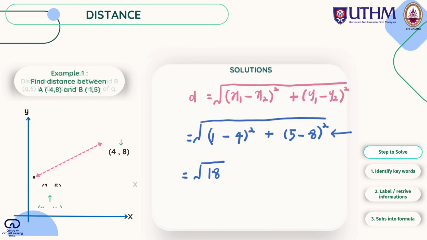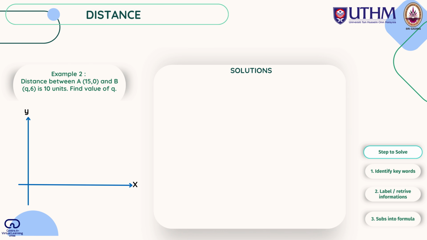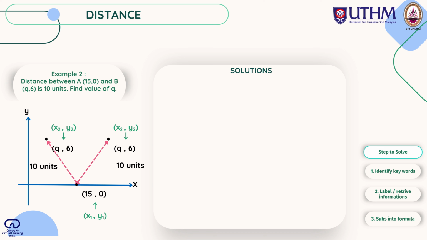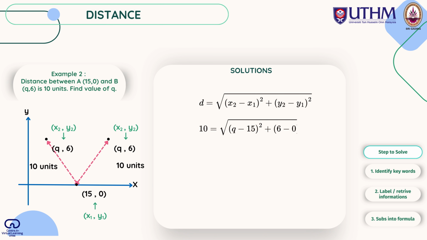Now, let's look at example 2, an indirect question. The distance between point A (15, 0) and point B (Q, 6) is 10 units. Find the value of Q. We are not calculating the distance. Instead, we already know the distance equals 10 units. So, we use the same formula. 10 equals the square root of (Q minus 15) squared plus (6 minus 0) squared.